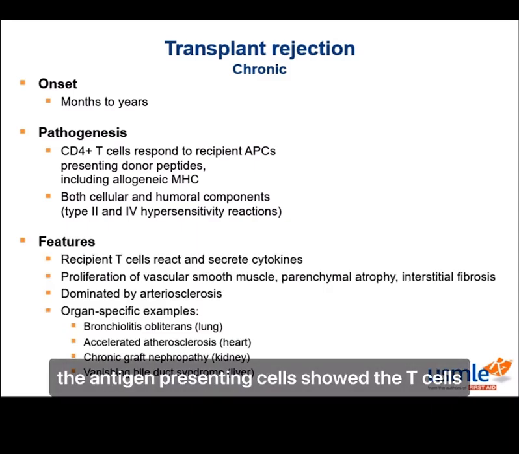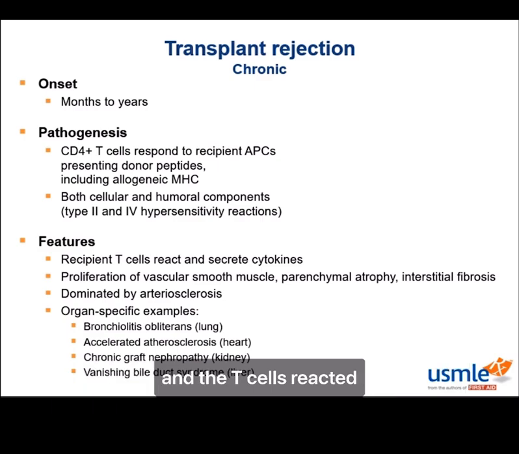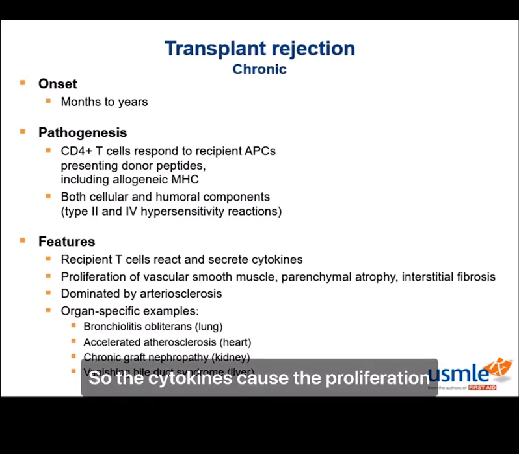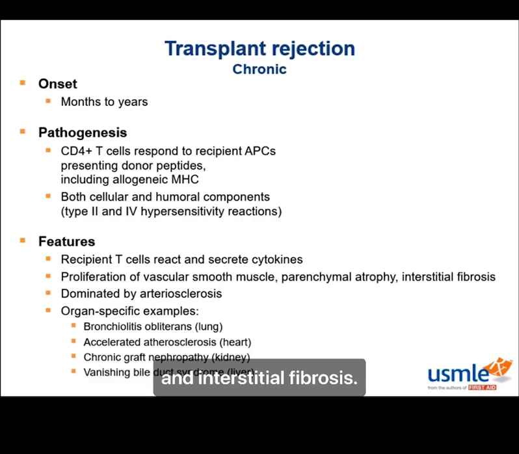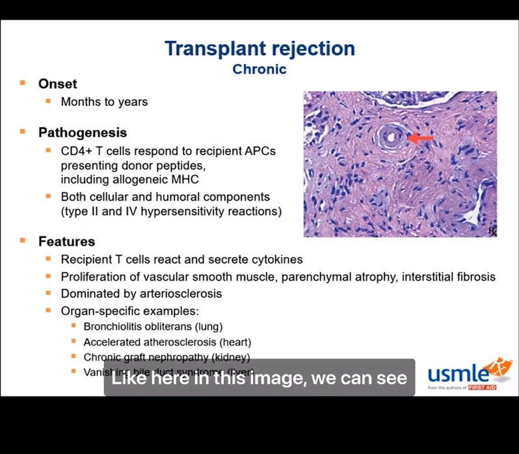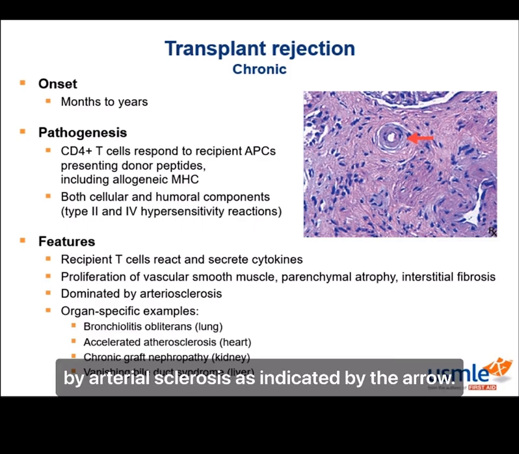The antigen-presenting cells showed the T cells, and the T cells reacted, and they started secreting cytokines. So these cytokines cause the proliferation of vascular smooth muscle, parenchymal atrophy, and interstitial fibrosis. Like here in this image, we can see this smooth muscle proliferation, and this reaction is dominated by arteriosclerosis, as indicated by the arrow.